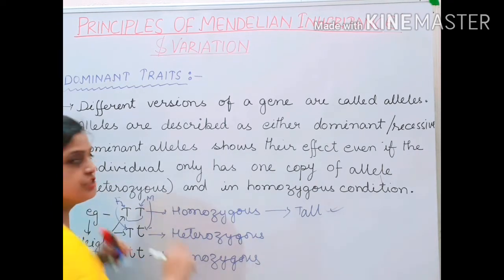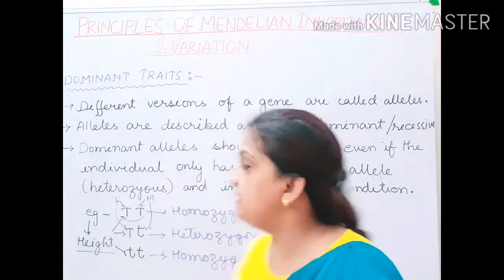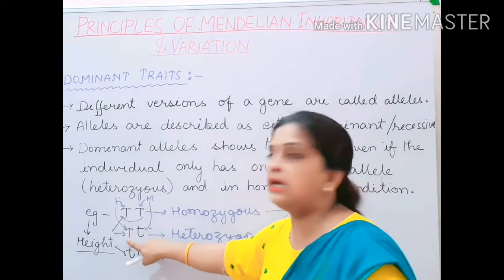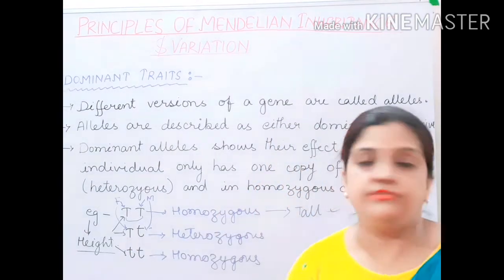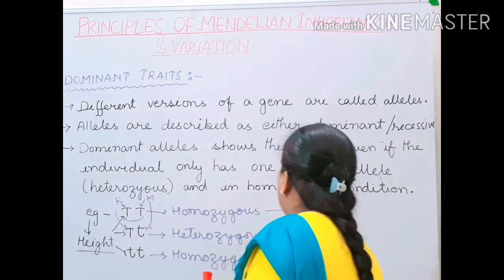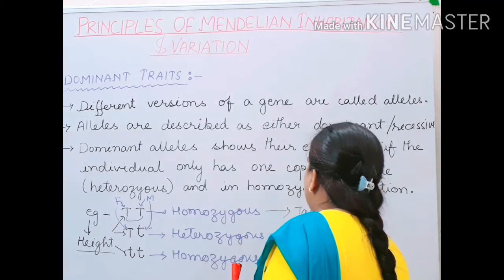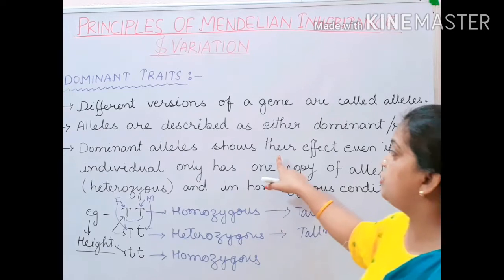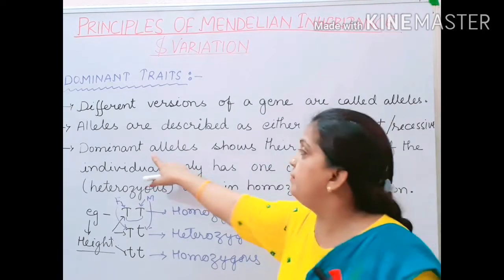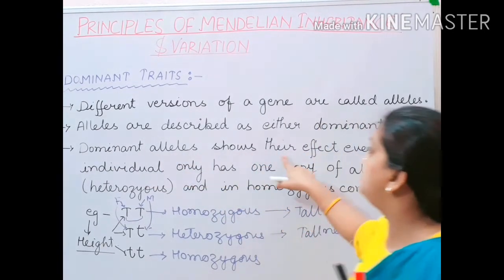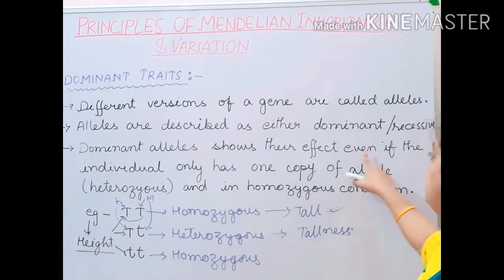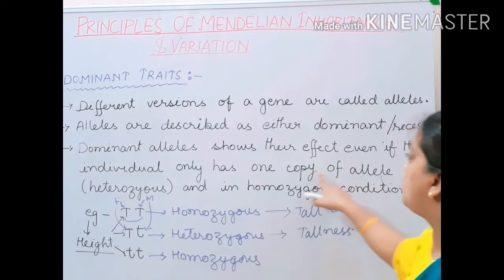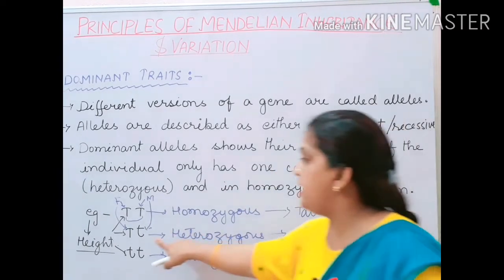In this condition, what will happen? Now children, in this condition also, always the dominant allele will be expressive. It will be showing tallness. So children, always remember, this is what your definition told, that dominant alleles show their effect even if the individual only has one copy of the allele, that is heterozygous.